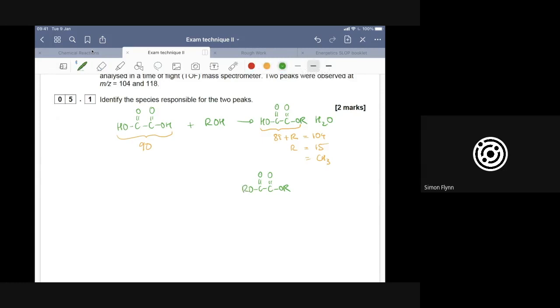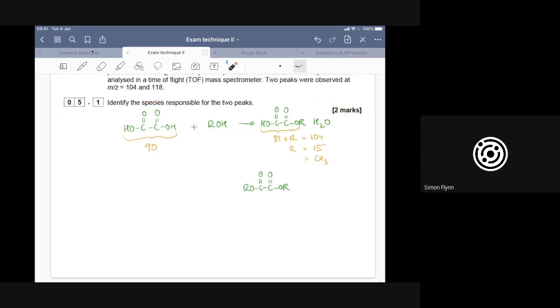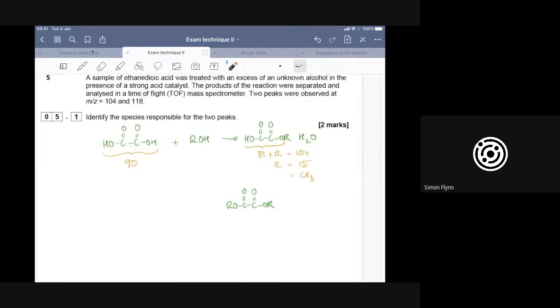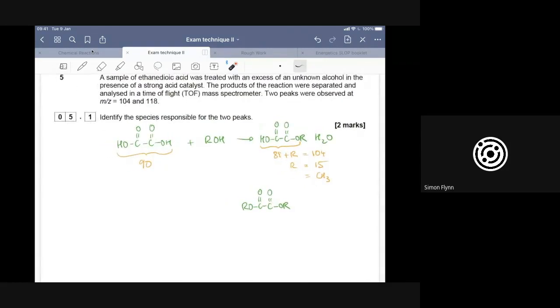The way we've tried to make it easier for ourselves is we know we've got to have this part, so why don't we use that number and think, what is the difference between that and one of the peaks? It's 15, and that has got to have come from the alcohol. It may have helped you to have written this equation. I'm not saying you would definitely know to do exactly that, but it's thinking about the types of things that you can do.